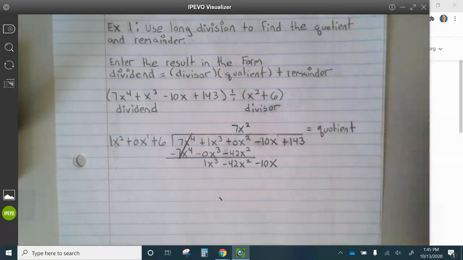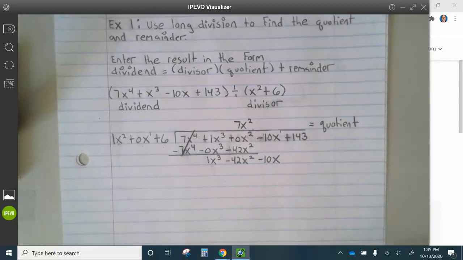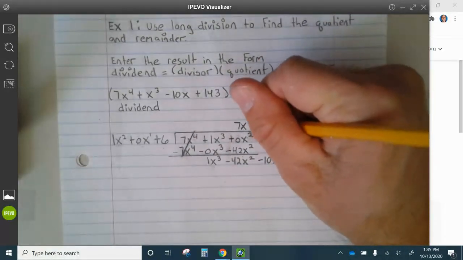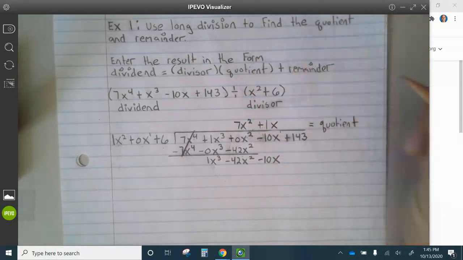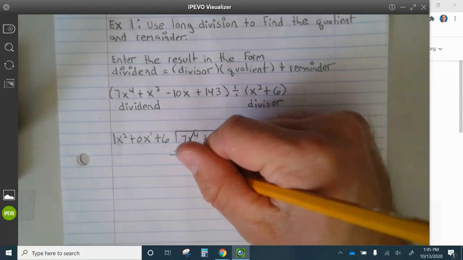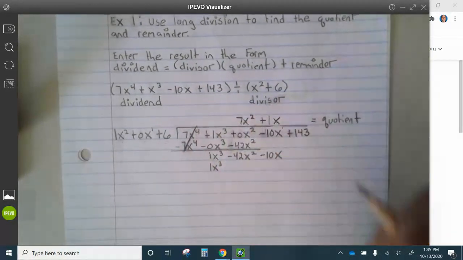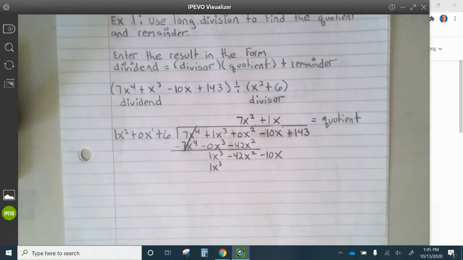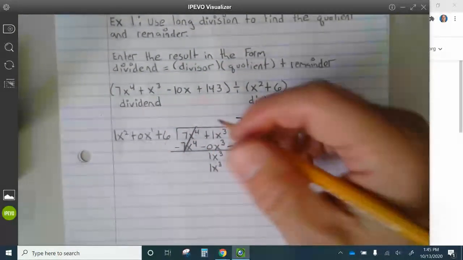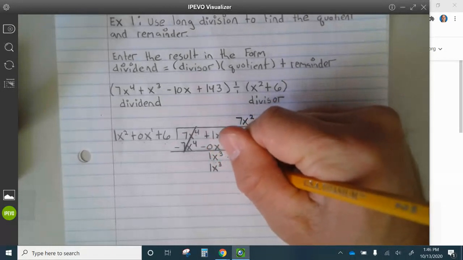Now you ask yourself, what do you multiply 1x squared by to give you 1x cubed? The answer to that is plus 1x. Okay, 1x times 1x squared is 1x cubed. 1x times 0x is 0x squared.